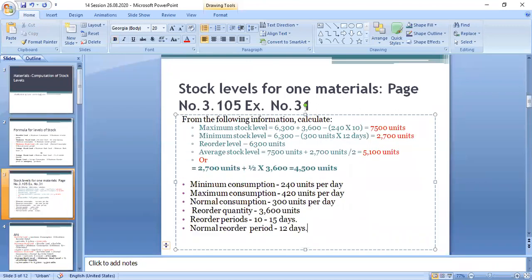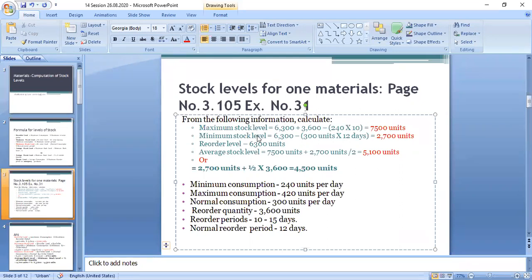Okay, I will explain again. You can expect 5 mark questions and 10 mark questions also. They will give all this information, and with the information you have to apply the formula. For the maximum stock level, the formula is reorder level plus reorder quantity minus normal consumption into normal reorder period.